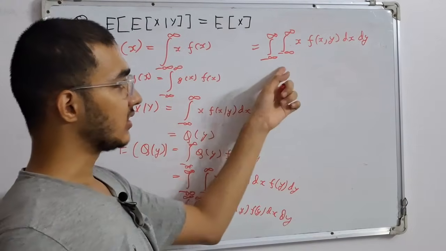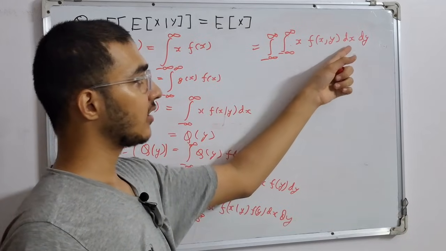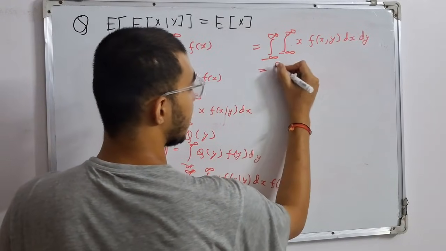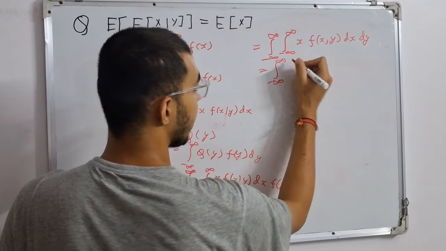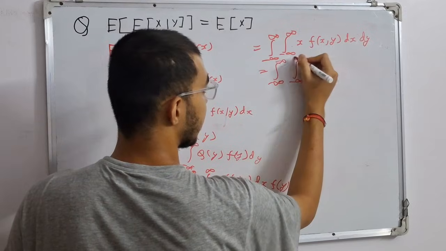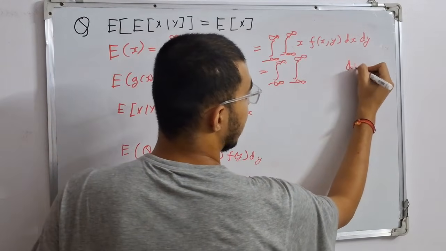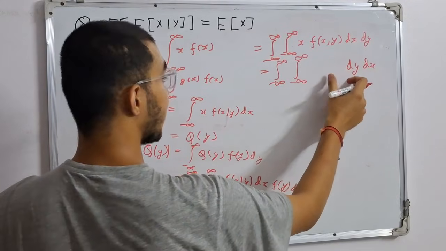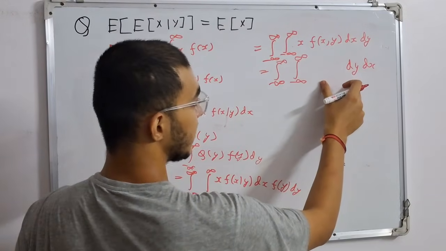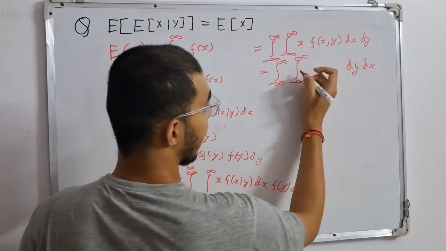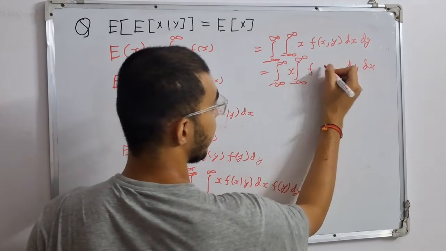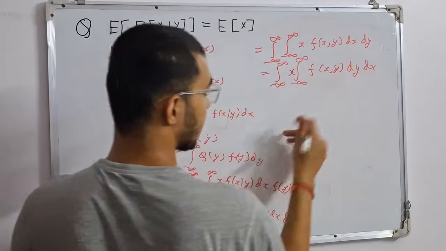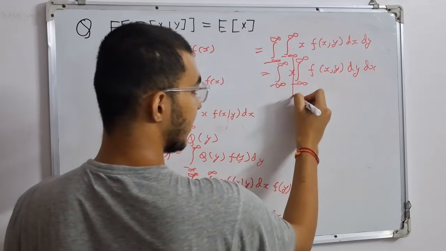Now as the limits are constant, we'll just interchange this, so it will become dy dx. Now as we are integrating with respect to y first, we can take x as constant and outside, so it will be f(x,y) dy.